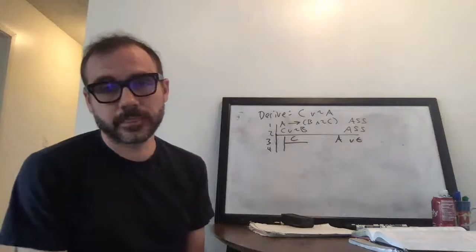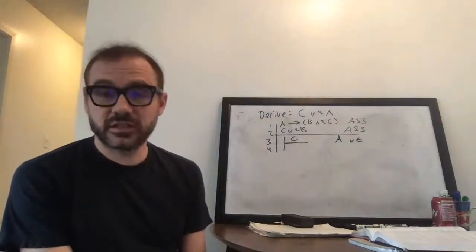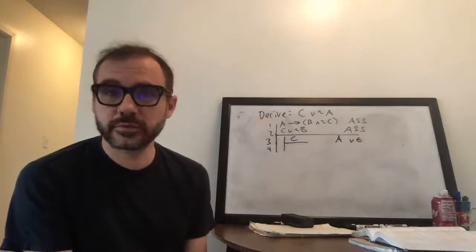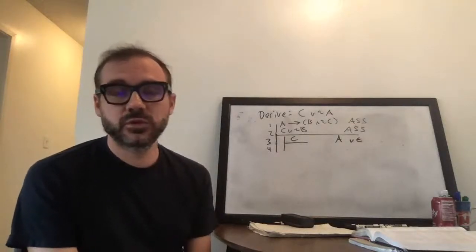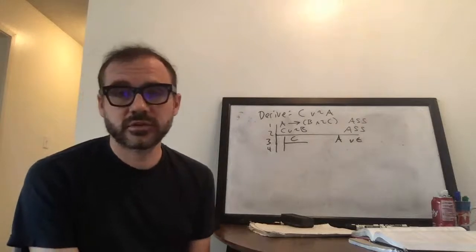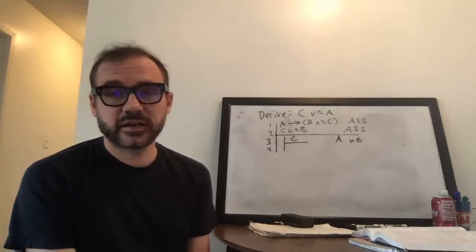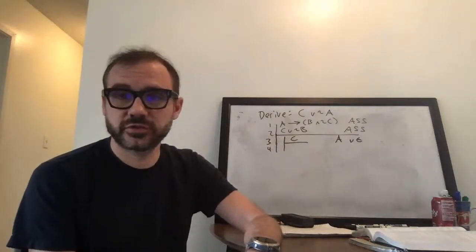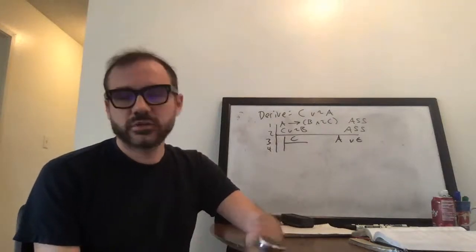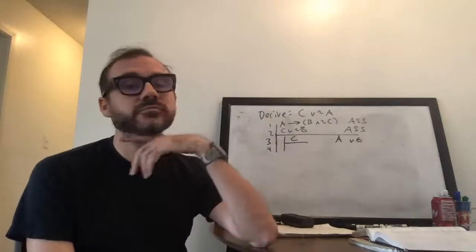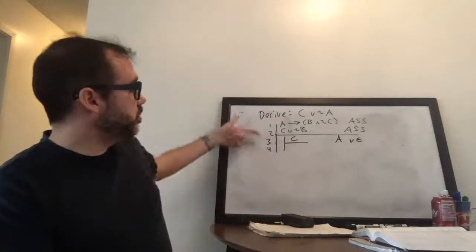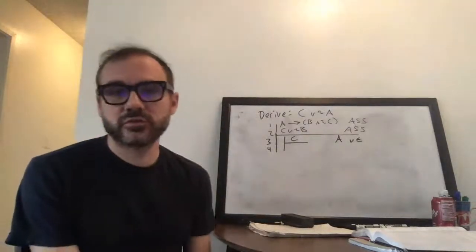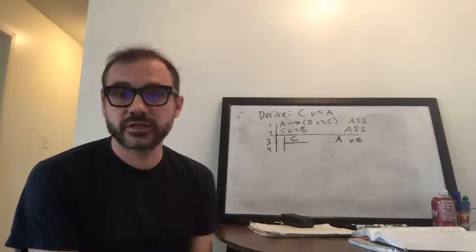Okay, so what do you think I could do on line 4? Because now we've assumed C, so C exists on line 3. And if you look at what we are trying to derive, then maybe you have an insight as to what I could do on this line 4 to establish the result that I'm trying to derive. Who can tell me that? As we continue the proof, we always go back and look at what we've been told to try and derive in the end.